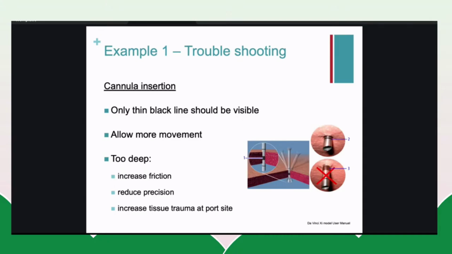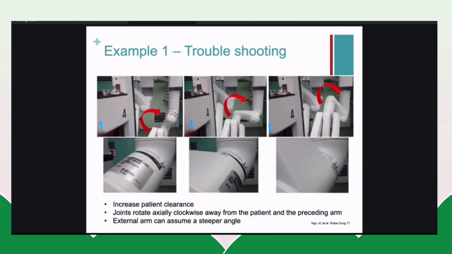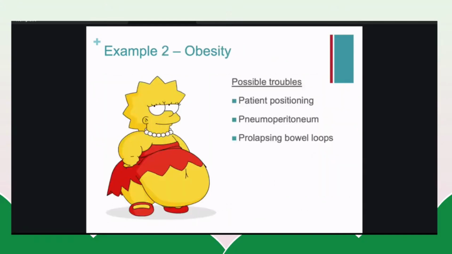And in that case, the range of movement may also be greater beyond the abdomen. And if space is a concern, we'll try to utilize the patient clearance as much as possible so that the robotic arm can rotate axially clockwise away from the patient, and also the other arm.